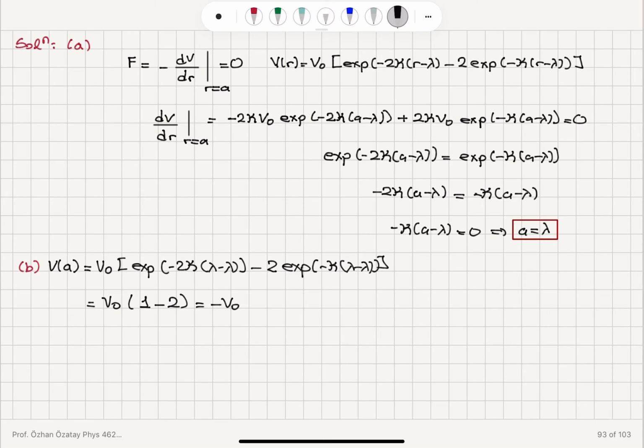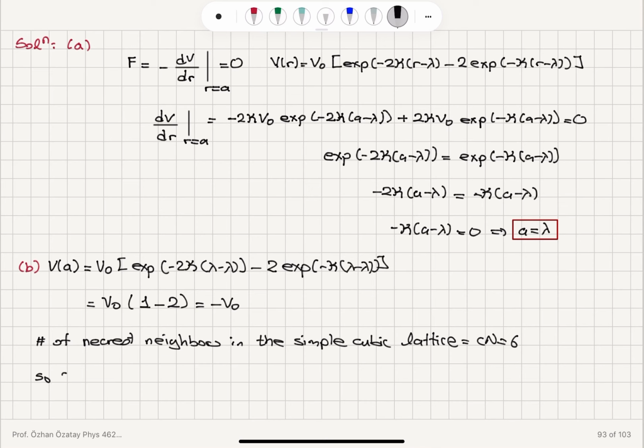So the number of nearest neighbors in the simple cubic lattice, so we're given that this is a simple cubic lattice, that's the coordination number. Coordination number is 6.